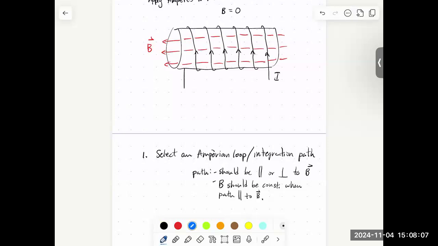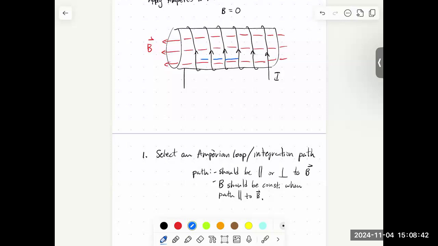So suppose I put a loop around here. How much current is going through that loop? None, actually, if I made it perfectly parallel to that plane. So that's not going to work. What about if I wanted my loop to have part of it be parallel to the magnetic field? Where should I draw that?